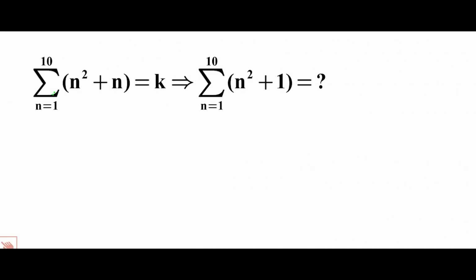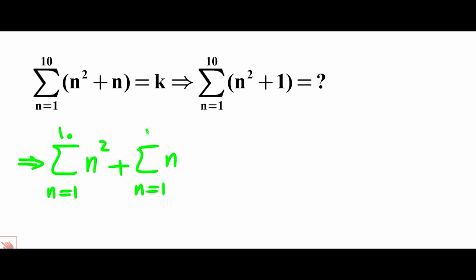Number 3: if the sum of n squared plus n equals k, find the sum of n squared plus 1 from n equals 1 to 10. We know that the sum of n squared from n equals 1 to 10 plus the sum of n from n equals 1 to 10 equals k.